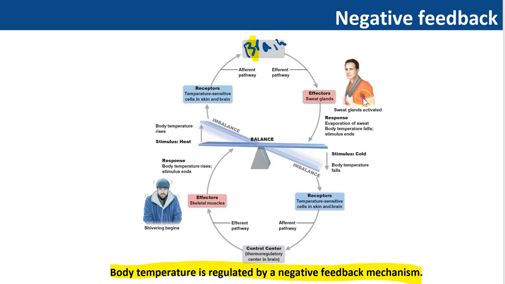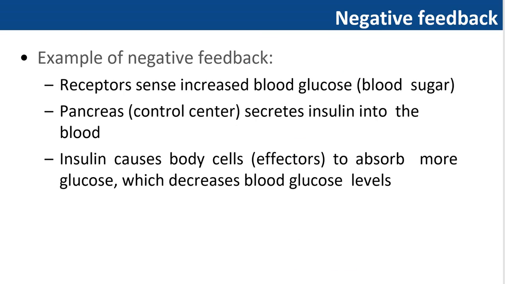When our body temperature rises, the response is cooling our body temperature. Or when our body temperature falls, the response is to raise body temperature. So the response can reduce or shut off the original stimulus, which we call a negative feedback mechanism.